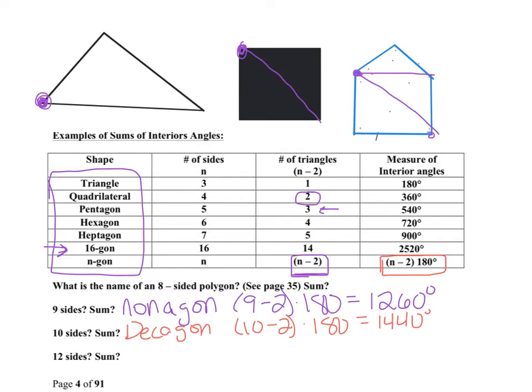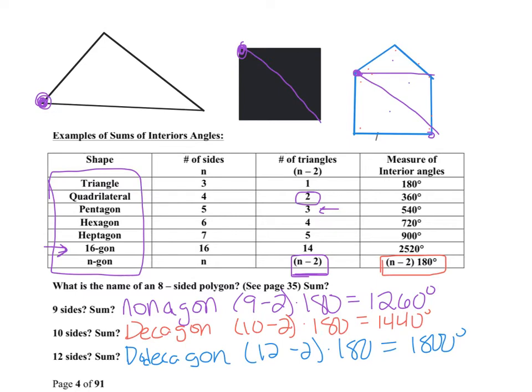And for a 12-sided figure, that's a dodecagon, and so 12 minus 2 times 180 gives us 1,800 degrees.